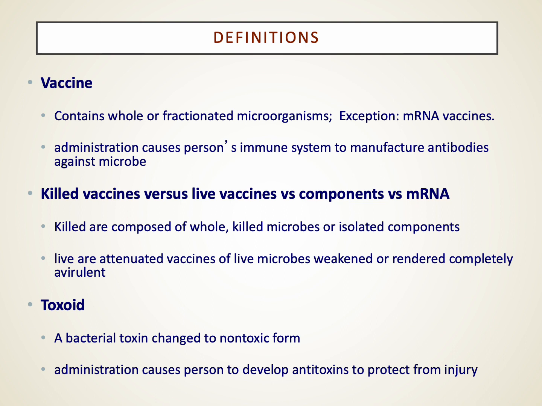Killed vaccines versus live vaccines versus components versus mRNA vaccines, they are all somewhat different, but the biggest differences I think that you need to be aware of are the live attenuated vaccines, the vaccines that are really not killed virus, but have some ability to transfer disease.